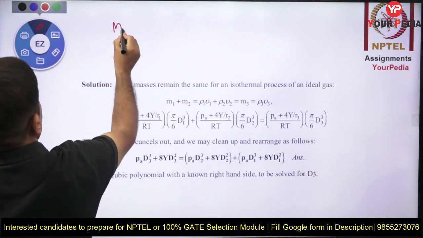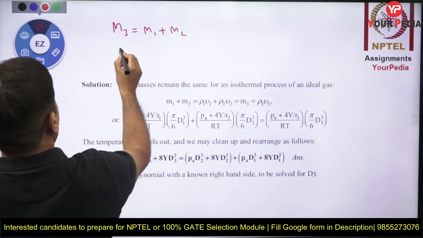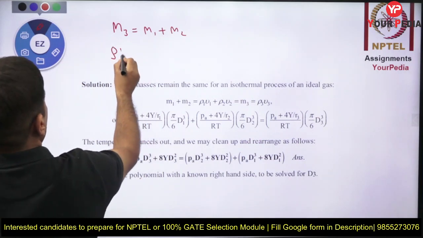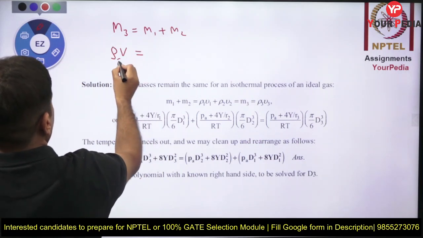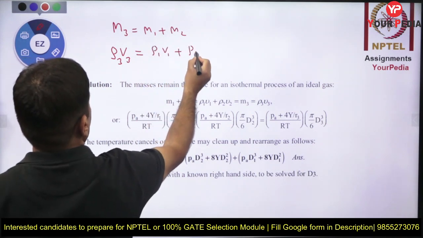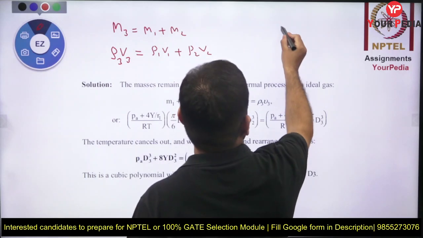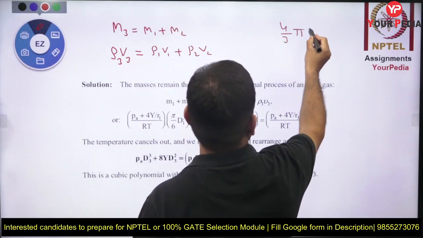So M3 is equal to M1 plus M2. And how do you write mass? Mass is density into volume. So let us say density is rho 1, rho 2, rho 3 and volume is V1, V2. Can you tell me the volume of a bubble? For a sphere it is 4 by 3 pi r cube.